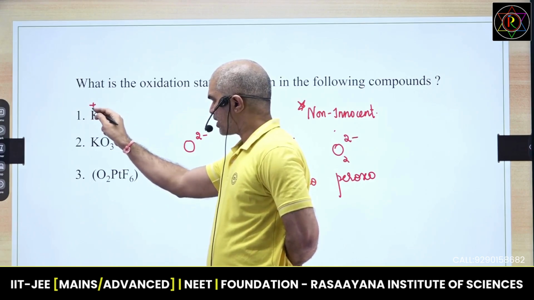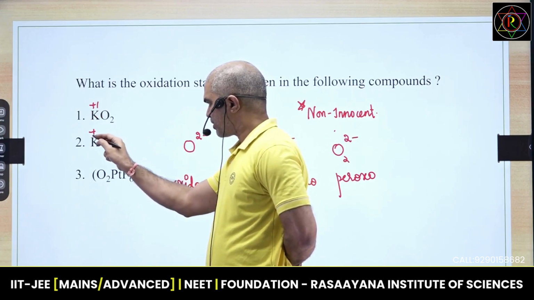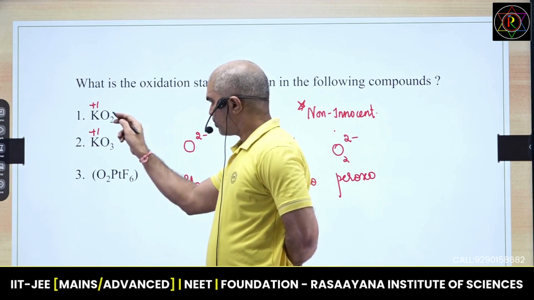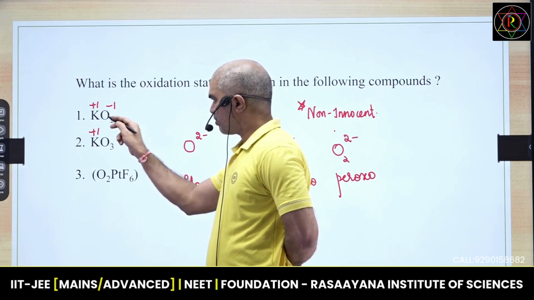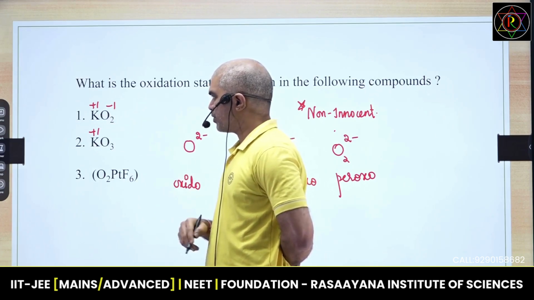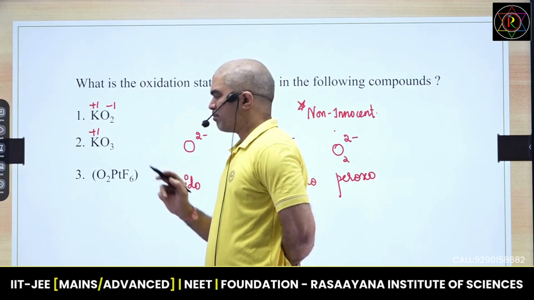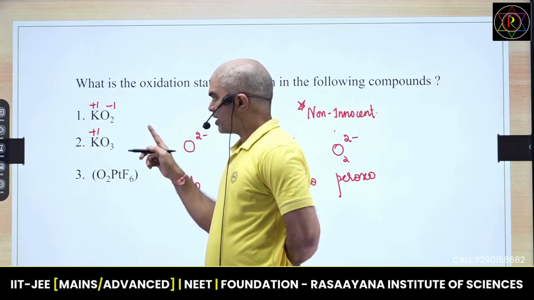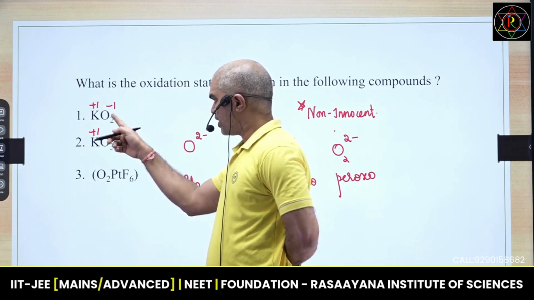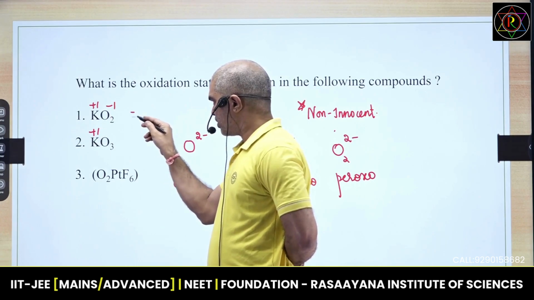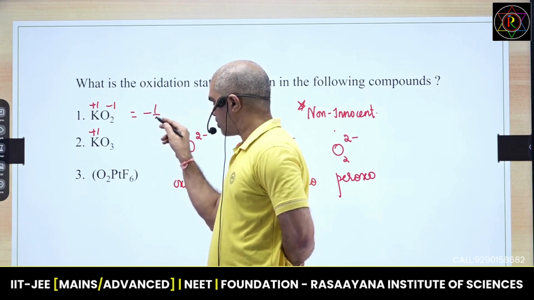Potassium is +1. It has a fixed oxidation state. So O2 should have -1 because it is a compound which is neutral. There is no charge for the compound. So if potassium has +1, O2 should have -1. Then what is the oxidation state of each oxygen? -1 for 2 oxygens, so each oxygen will have -1/2.